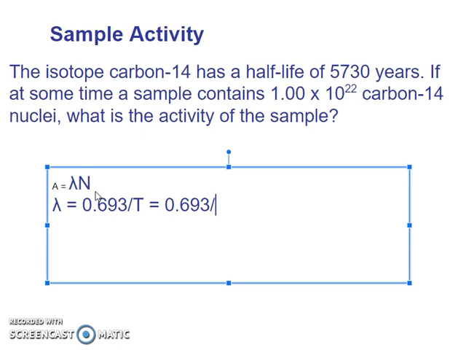So 0.693 divided by 5,730, you can tell this is going to be a really small number. That can then be plugged into the top equation here, multiplying by 1 × 10^22 to get your final answer of 3.83 × 10^10 decays per second.